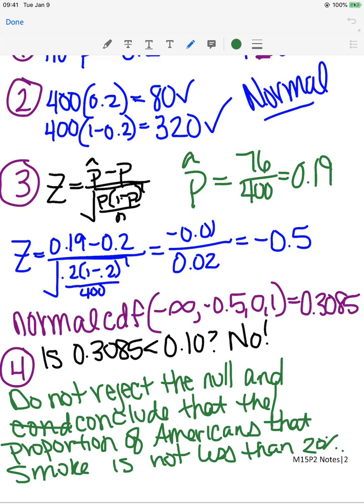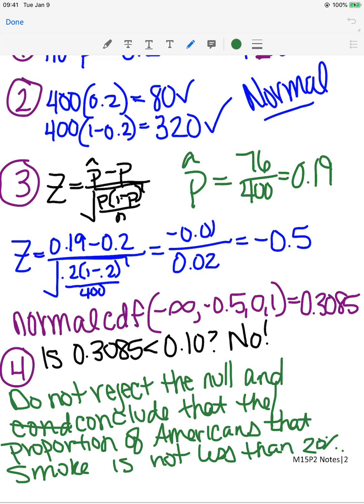So this last piece of information is always going to start with the conclusion. Either you are rejecting or you are not rejecting the null. And then we conclude that the proportion of whatever it is you're looking at either is whatever you said in the alternative or is not whatever was said in the alternative, based on whether you are rejecting or not rejecting.